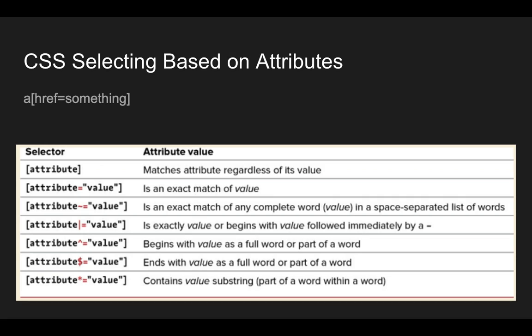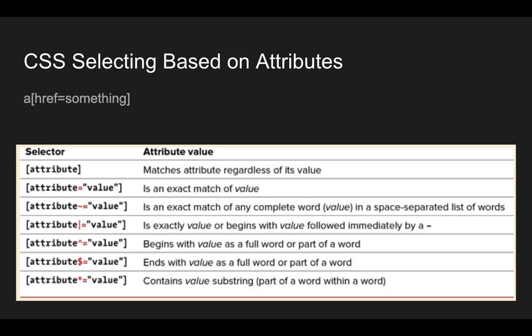So in your CSS, if you see bracket, class, bracket, that's saying everything that has a class applies something to it. If you see bracket, the name attribute equals some value, then we're saying only where the name attribute equals absolutely that value.